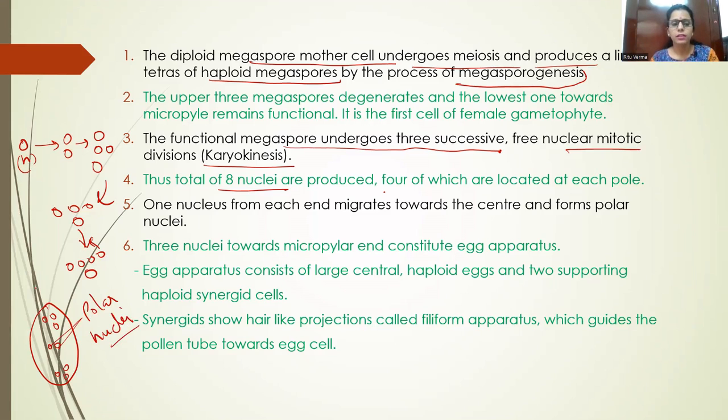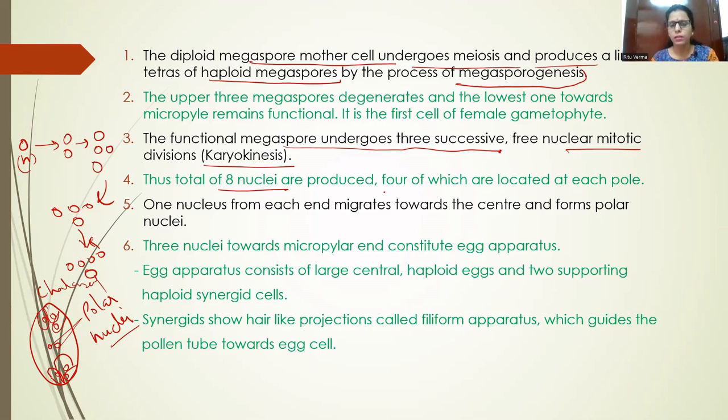Then the cell, after karyokinesis, undergoes cytokinesis, and a separate cell membrane is developed around these haploid nuclei. The 3 similar cells towards the chalazal end are known as antipodal cells, and the nuclei present in the center are called polar nuclei.